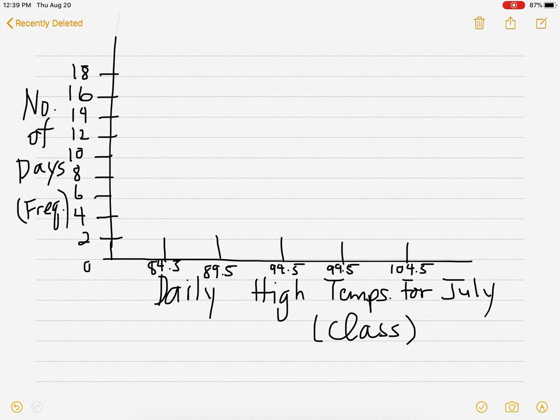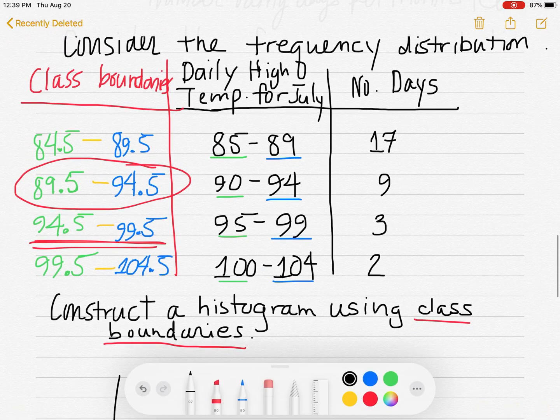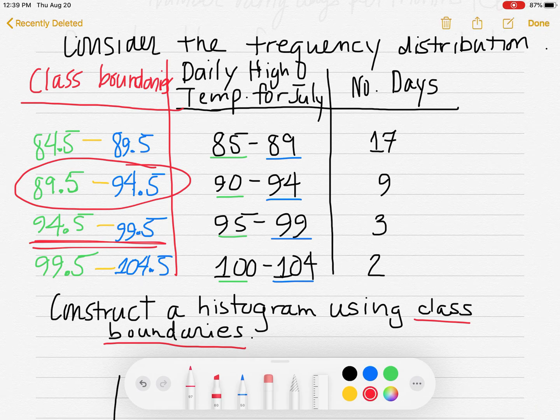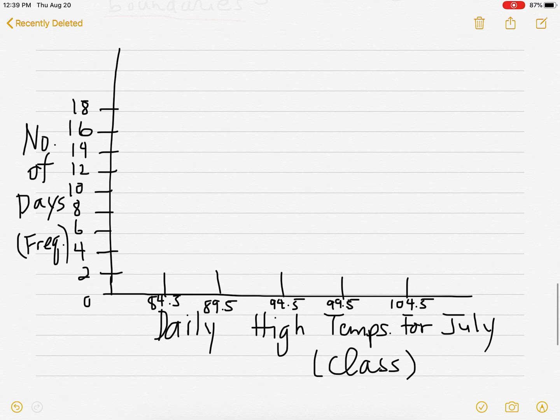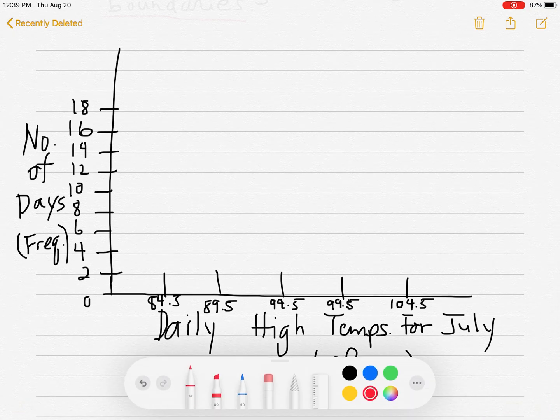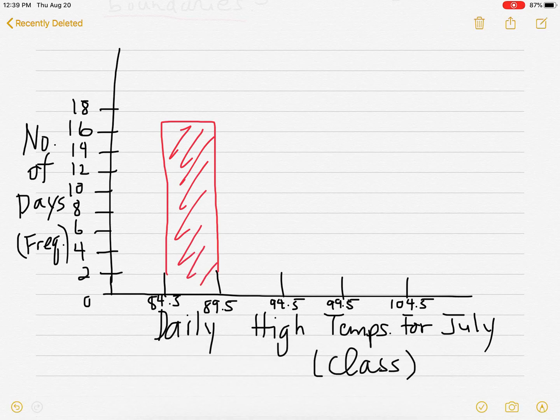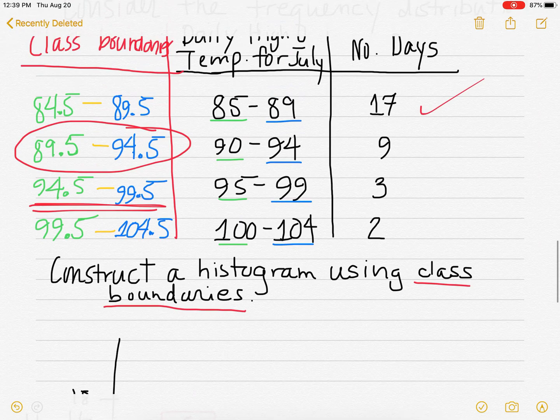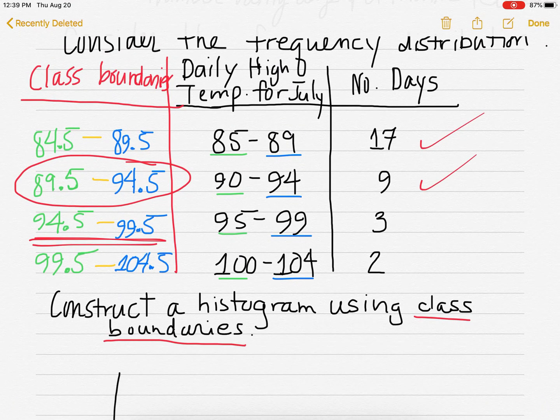So how many days is the temperature between 84.5 and 89.5? Right here, right? 17 days. So we're going to go down, and we're going to make a bar that goes up to 17 for our first class. All right, and then for our second class, 89.5, 94.5, we got 9 days.